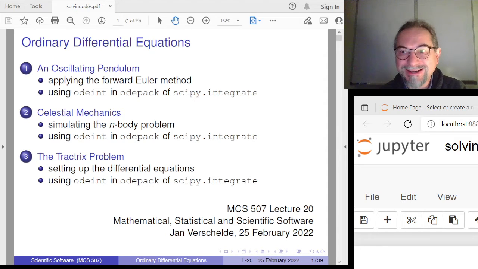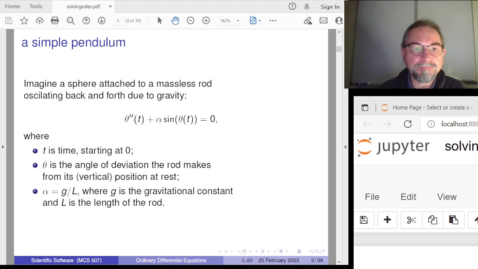These are three classical examples of differential equations, and we're going to compute approximate solutions for the trajectories defined by the differential equations. Okay, so what is our first problem?